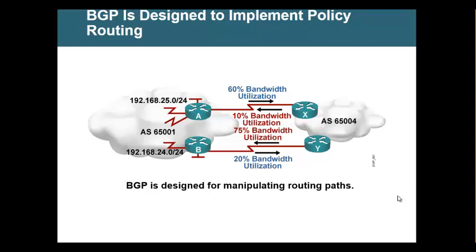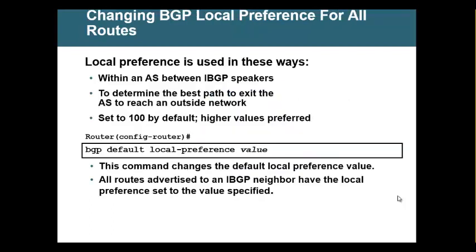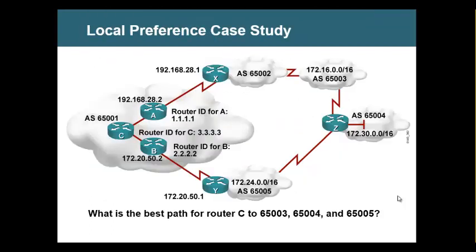To get more clarity on this, let's see an example. The question is, from router C to Z, which will be the best path? Will it be X or Y?